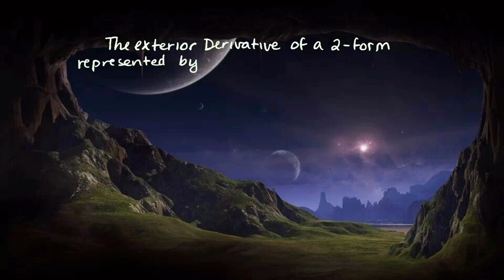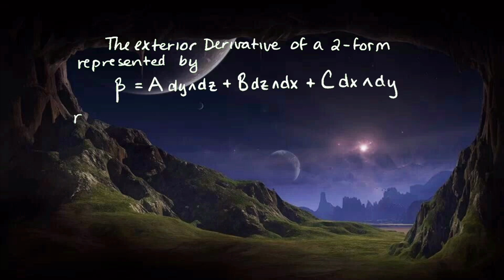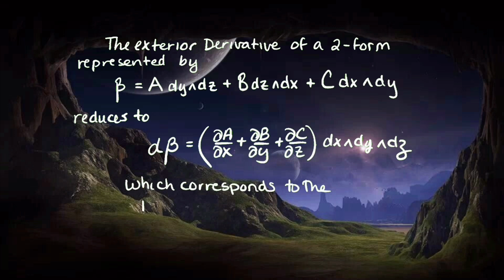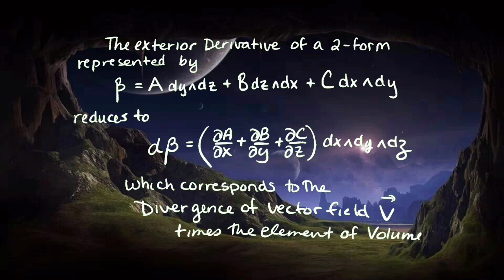The exterior derivative of a 2 form, represented by beta here, reduces to d beta is equal to the following, which corresponds to the divergence of the vector field V times the element of volume.